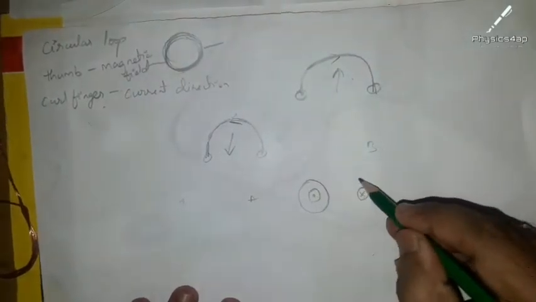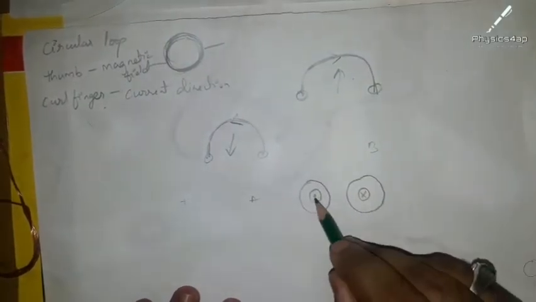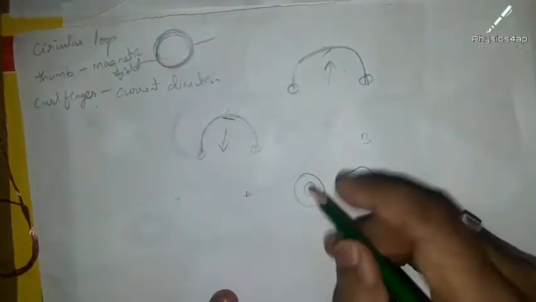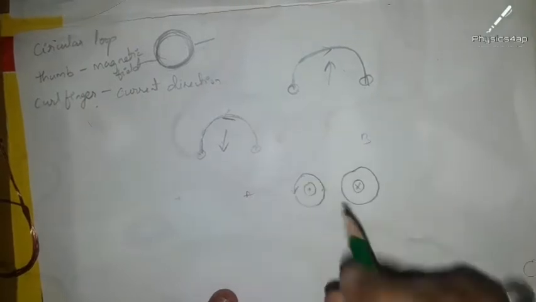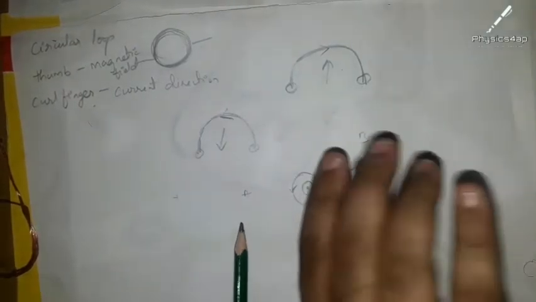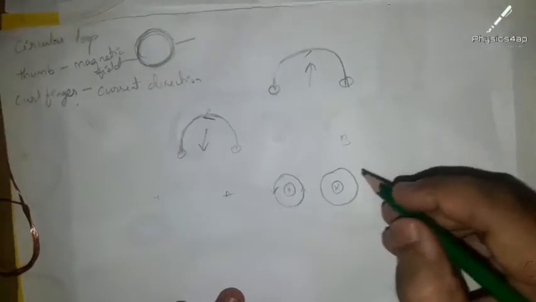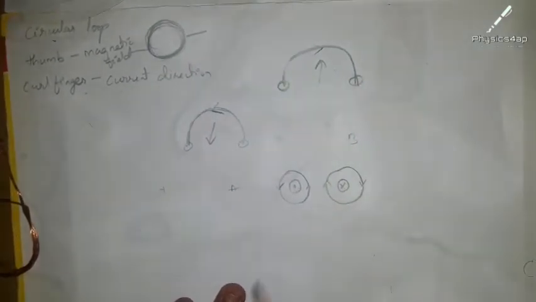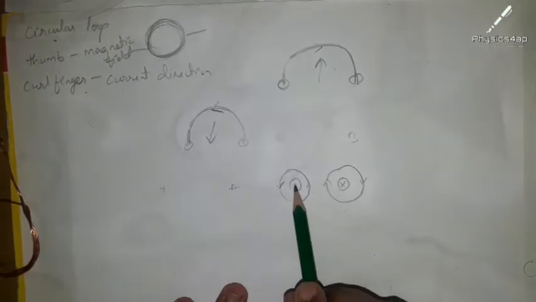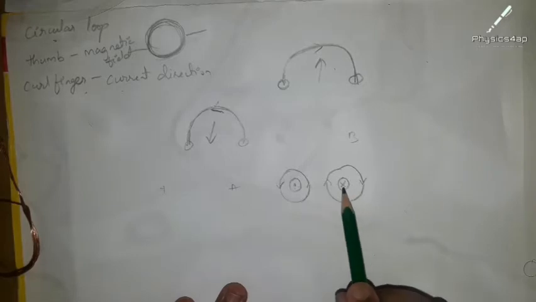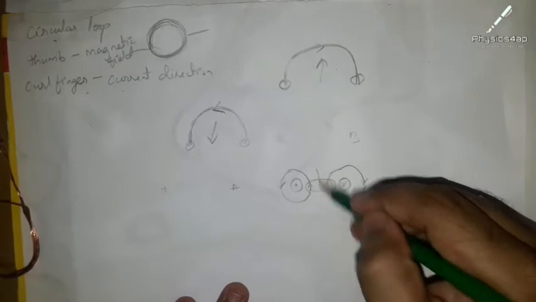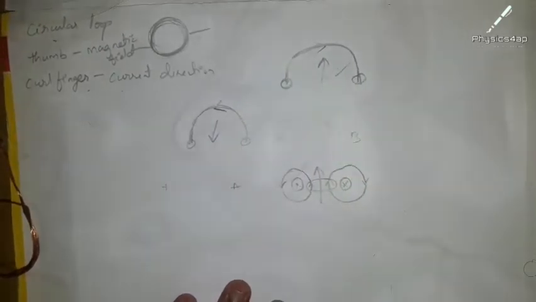Let's take one concentric circle. So out of the page, which is this one, is in anti-clockwise direction, and this is into the page, which is called clockwise direction. Now if you observe here in the middle, as the current is coming through this wire and ending into this, the resultant of these two magnetic fields gives the straight direction, which is shown like this.